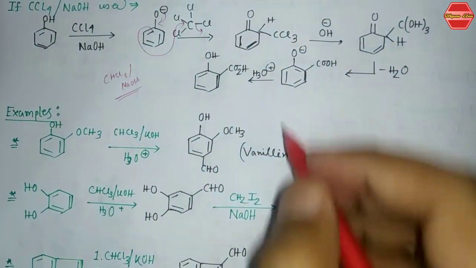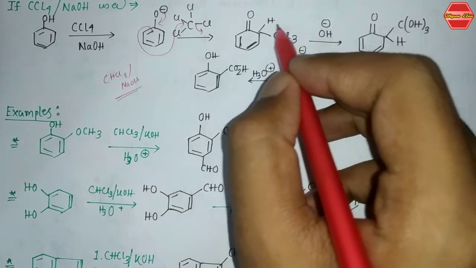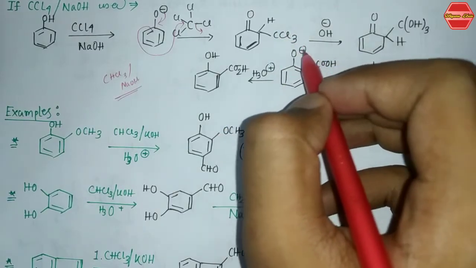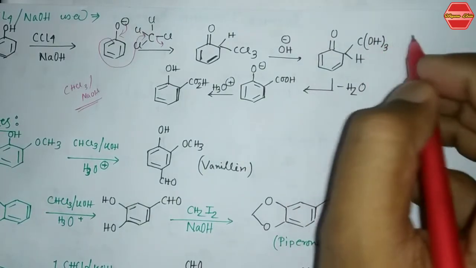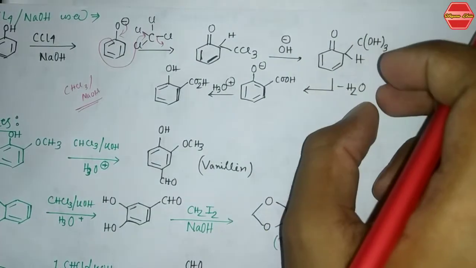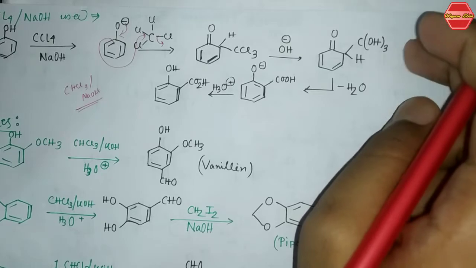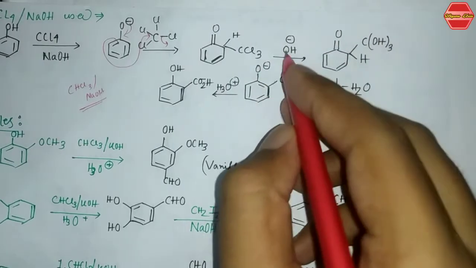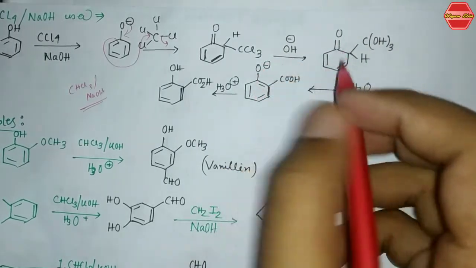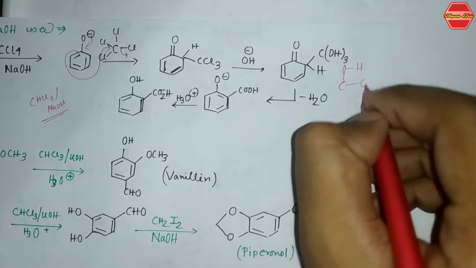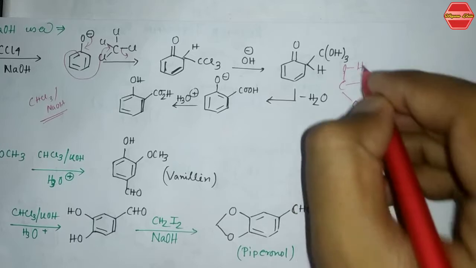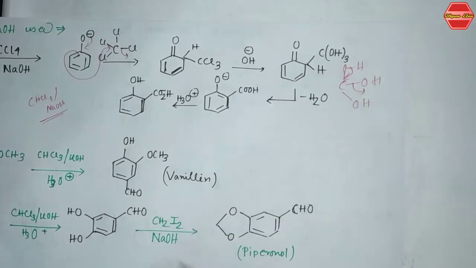leave from the system. And further you will see that this CCl3 can easily be hydrolyzed in the basic condition, so you are getting this product, this CO-H3-, and after this hydrolysis, after the removal of 1 mole of water, you are getting this acid. And how you can get this, you can see here, this is your COH, so it can leave in this way.